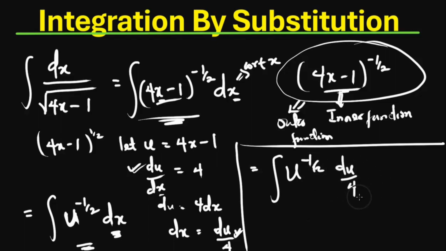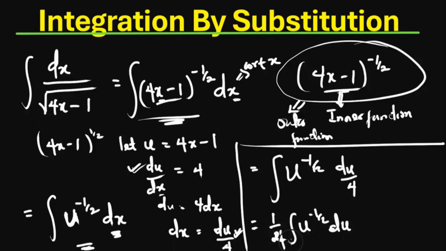Now this can be integrated easily. We have u raised to power minus half du over 4, with respect to u. So let's bring out 1 over 4. We have 1 over 4 integral u raised to power minus half du.